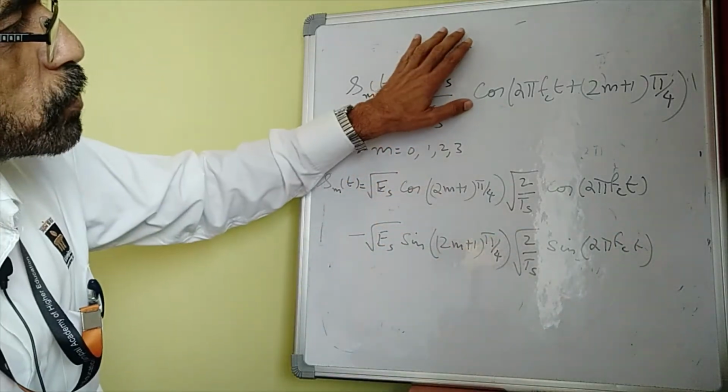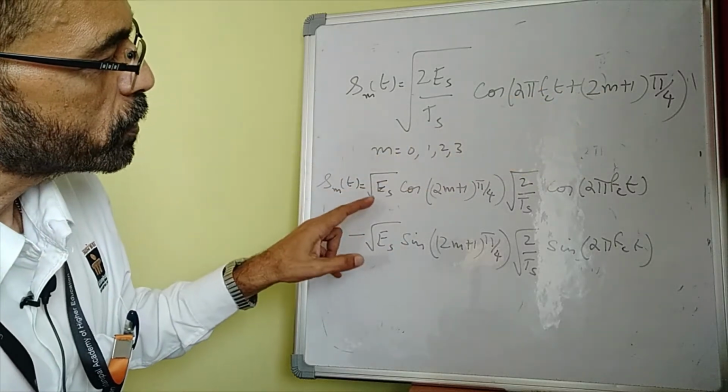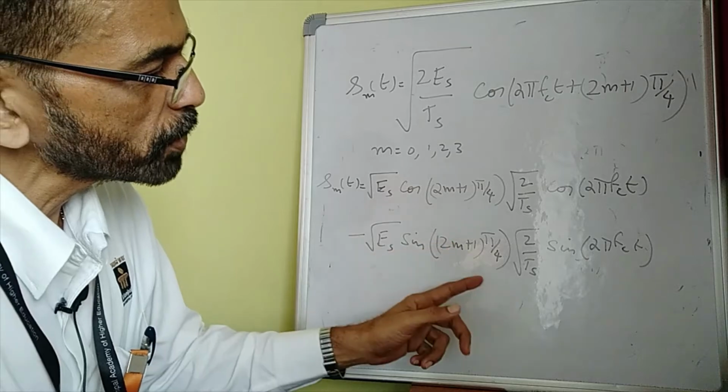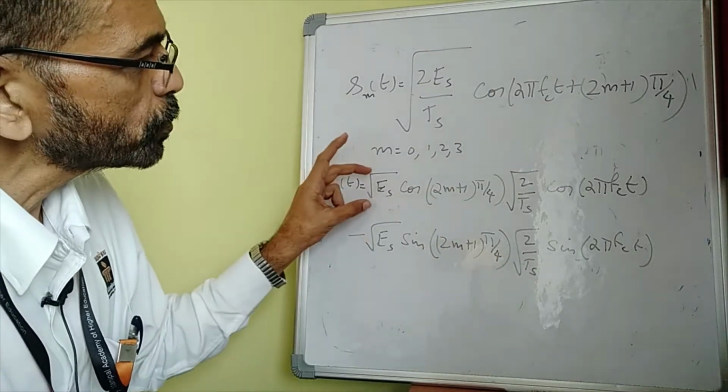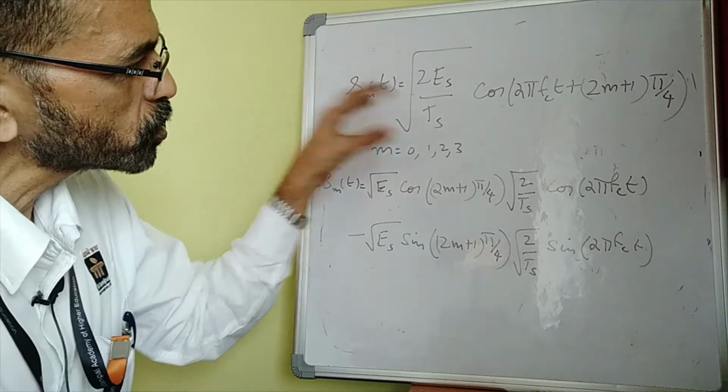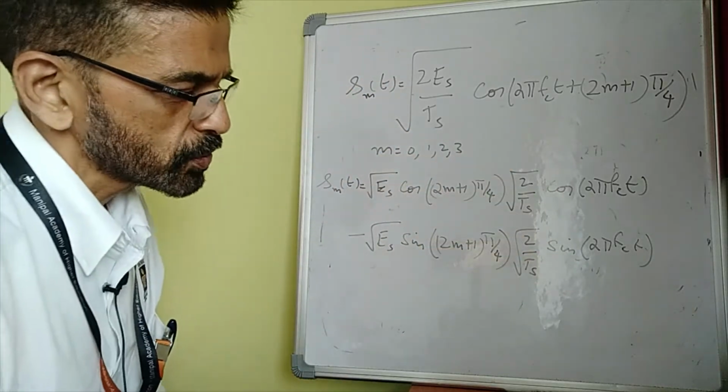If we had kept this outside and expanded, we would have got cos((2m plus 1) pi by 4) cos 2 pi fc t minus sin((2m plus 1) pi by 4) sin 2 pi fc t, with root Es into root 2 by Ts outside, so we just split it and distribute it like this.